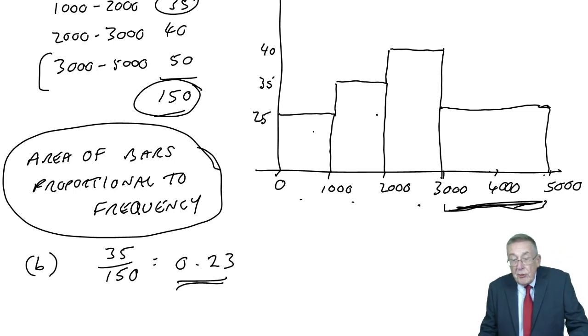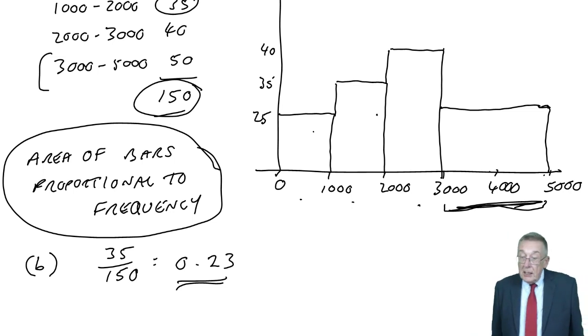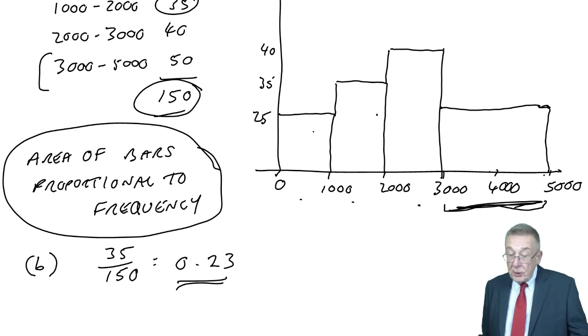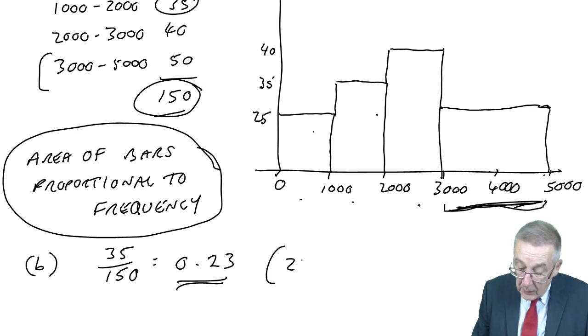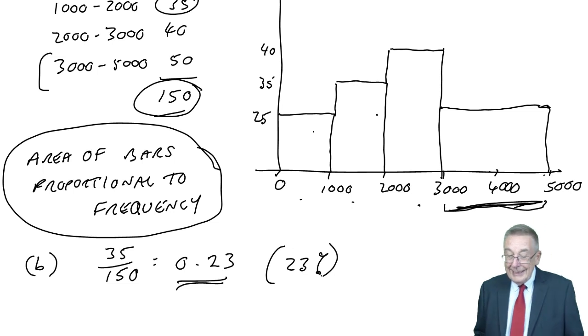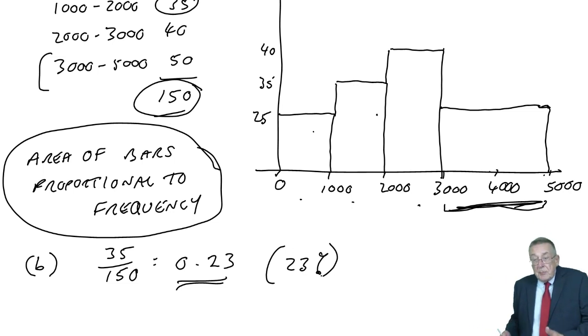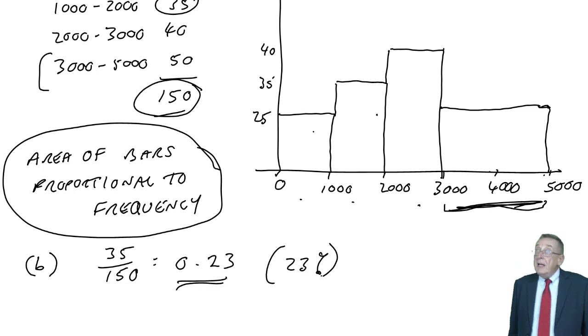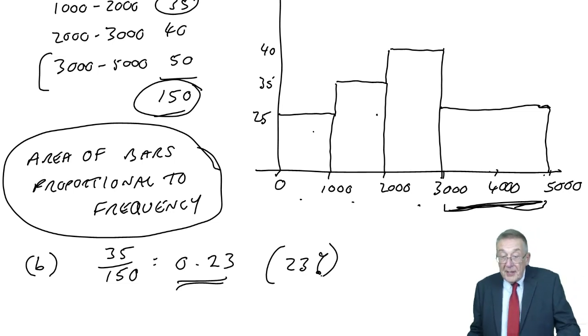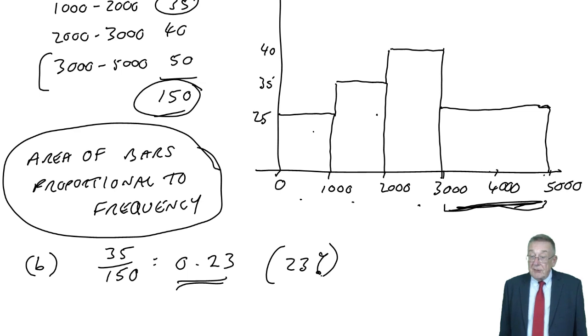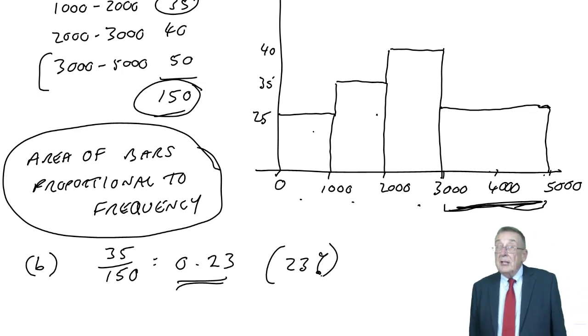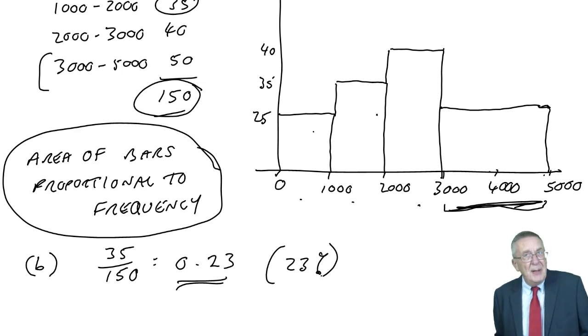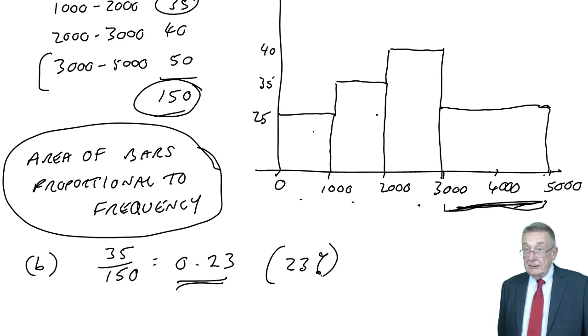But 0.23 of these people earn between 1,000 and 2,000, or if you prefer, 0.23 is 23%. But that's the percent of people in our sample who earn in that range, and therefore, picking one person at random, the chance they're in that range is 23%, or strictly probability, 0.23.